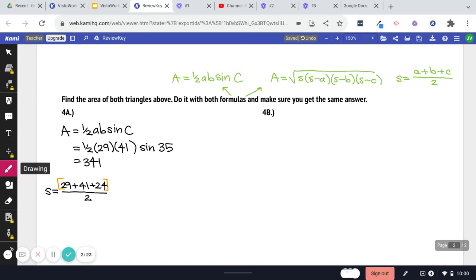If I push 29 plus 41 plus 24 over 2 without parentheses, it's going to do 29 plus 41 plus 12, because it just divides the 24. When really that whole numerator equals 94, and then 94 divided by 2 is 47.